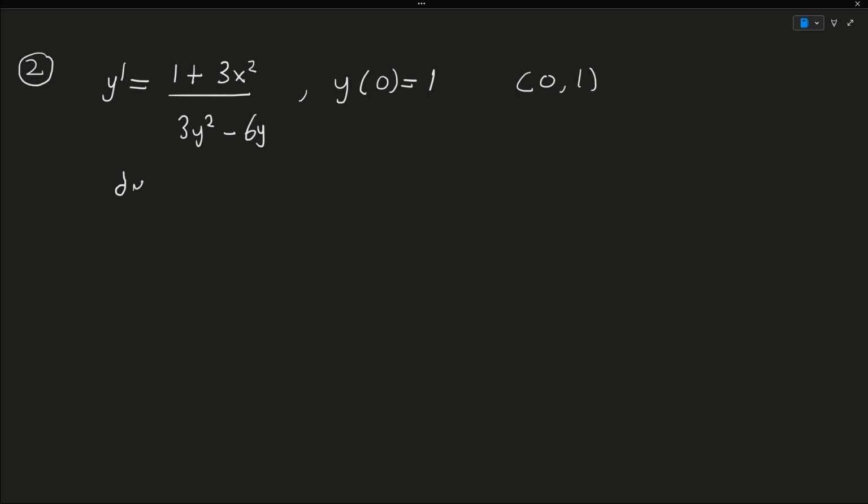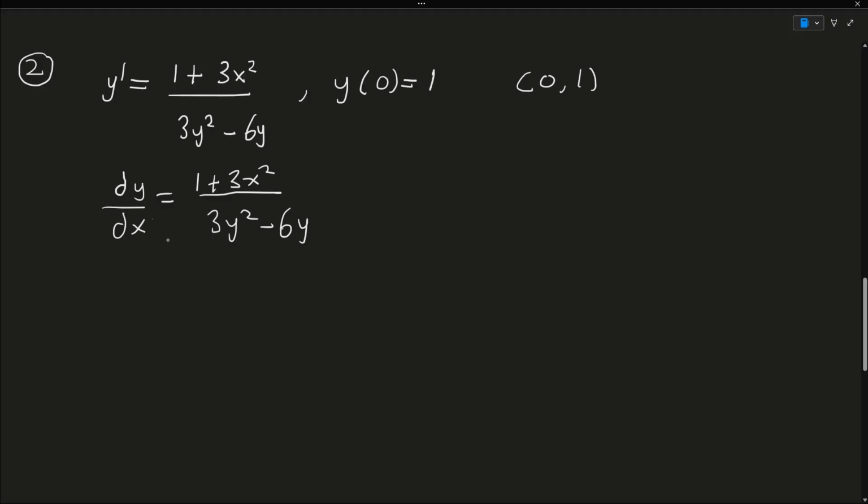So the y prime would ultimately be dy dx because of Leibniz notation and the separable method. And we have this on the right hand side. Nice. And you want to cross multiply, so we multiply both sides with this and both sides with this.